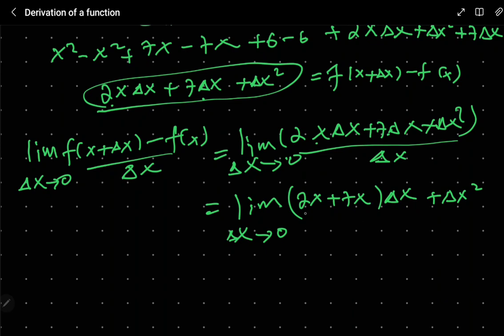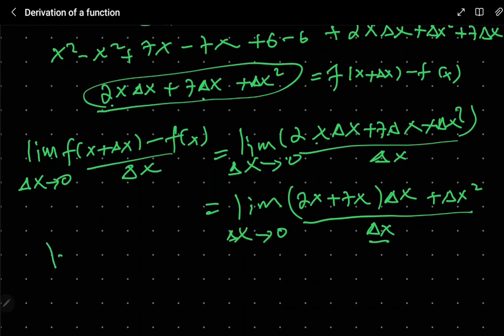So the limit of this as change in x goes to 0 is equal to how much? We divide both of the above terms by this change in x.